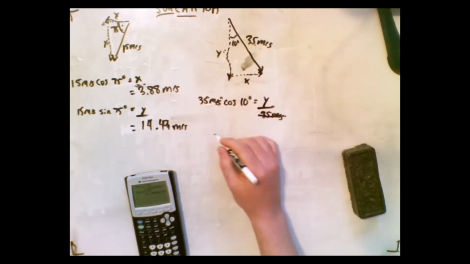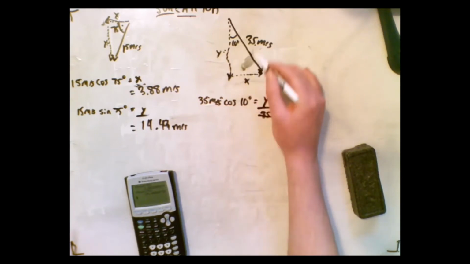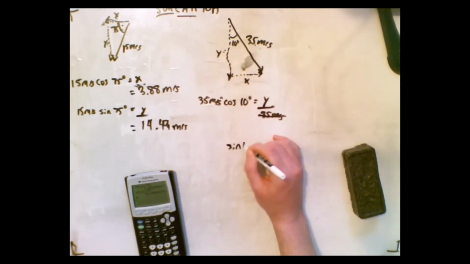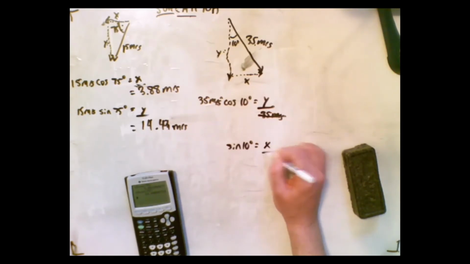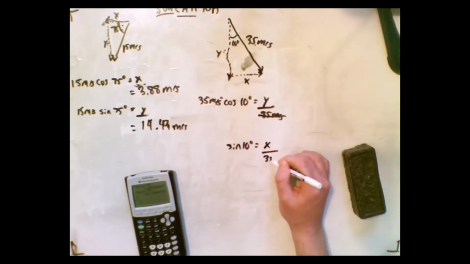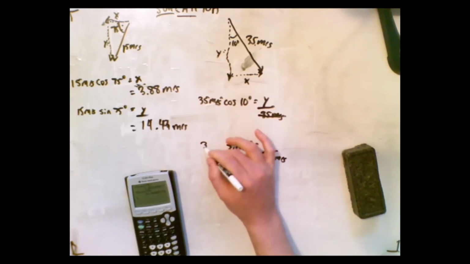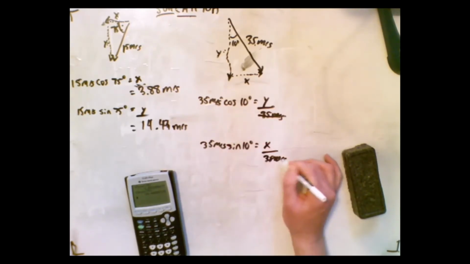And for our X, it's going to be opposite over hypotenuse, which is sine of 10 degrees, and that's going to be our X over our hypotenuse. So I'll move the 35 meters per second over here.